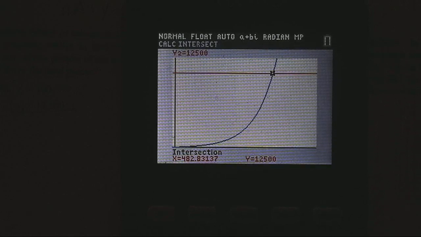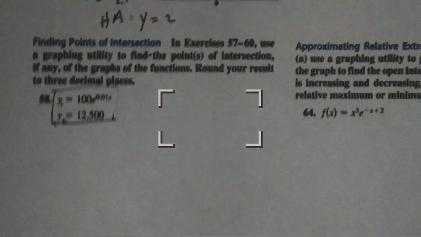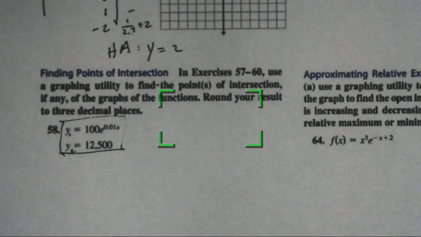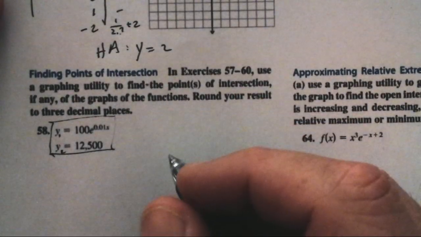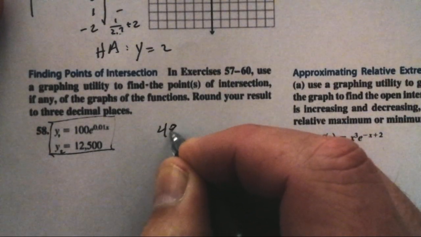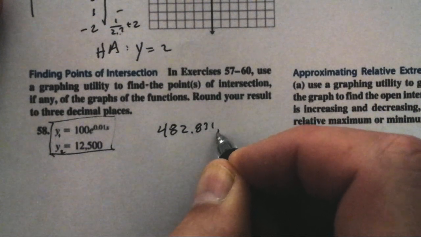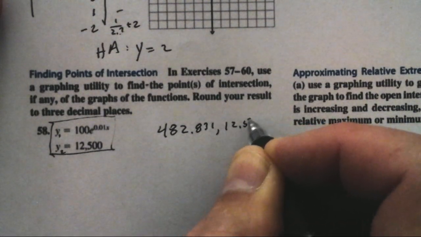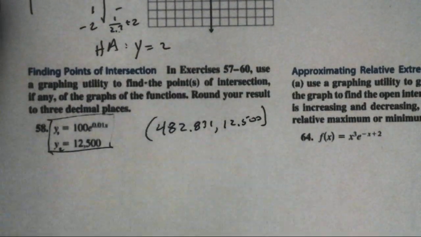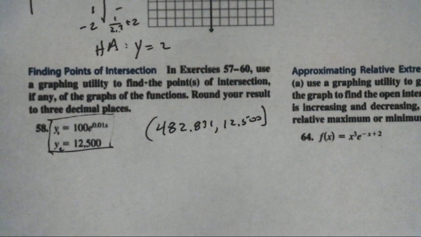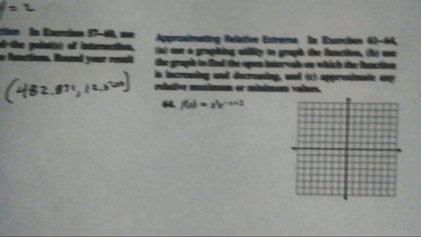And yes, our intersection occurs at 482.831, and of course it's at 12,500. There's our intersection. Round your results to 3 decimal places. Okay, pretty simple, but an important tool for us, particularly in like a chemistry environment.